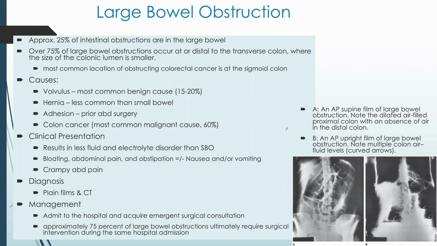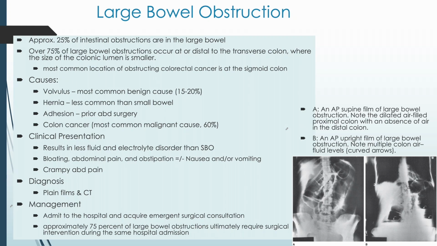And the causes of large bowel obstructions are similar to small bowel obstruction, but as you can see here, the vast majority of these, 60% or more, are caused by colon cancers. So that is in contrast to small bowel obstructions, where adhesions are the most common. Adhesions are still a cause of large bowel obstruction, but much less likely than small bowel.